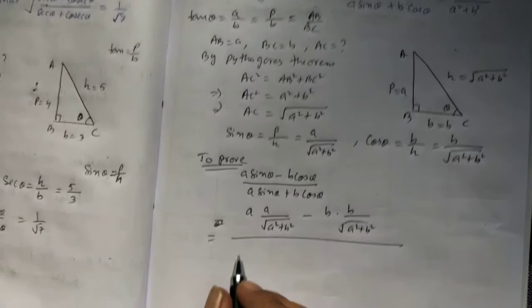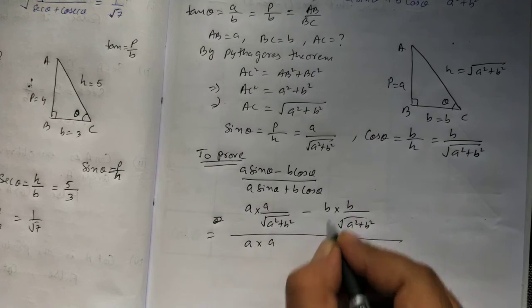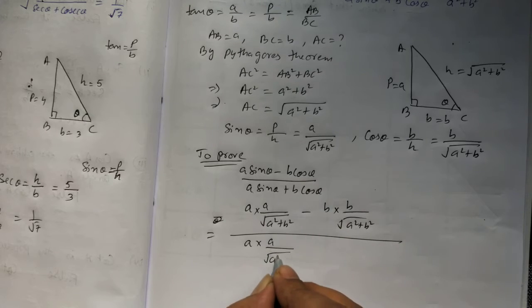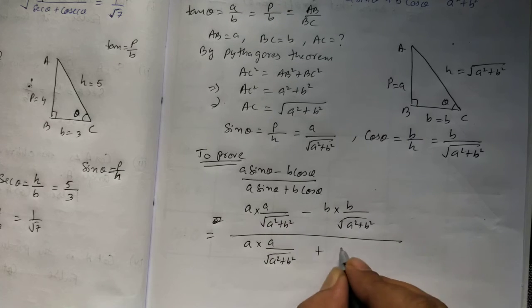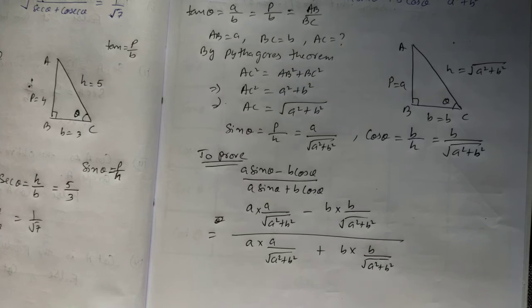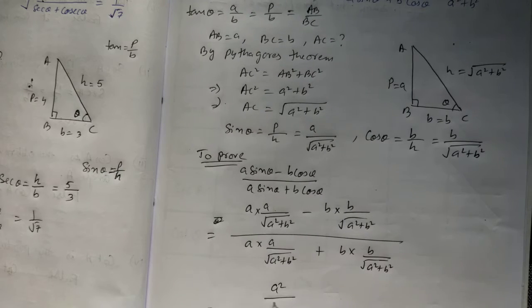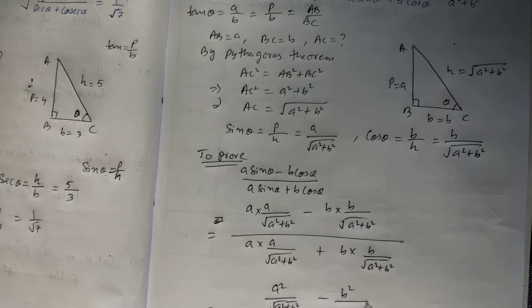Again downside, A into A by root over A square plus B square plus B into cos is B by root over A square plus B square. So this AA will be A square by root over A square plus B square, B square by root over A square plus B square.